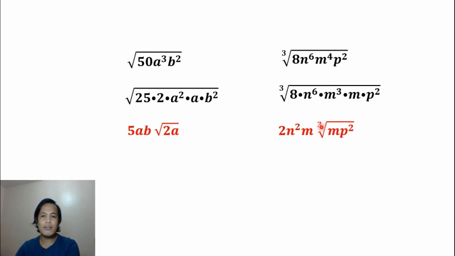What shall remain in the radical is the cube root of m, since this is not a perfect cube, and also p squared. So the simplified form for this expression shall be 2n squared m times the cube root of m p squared.